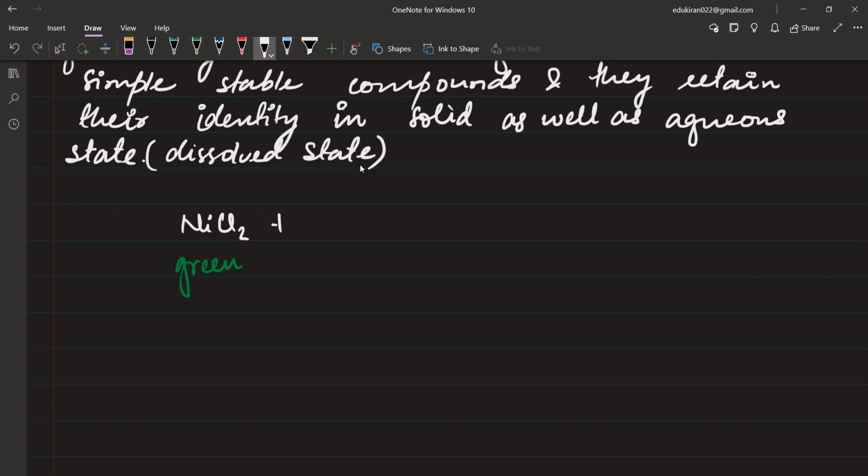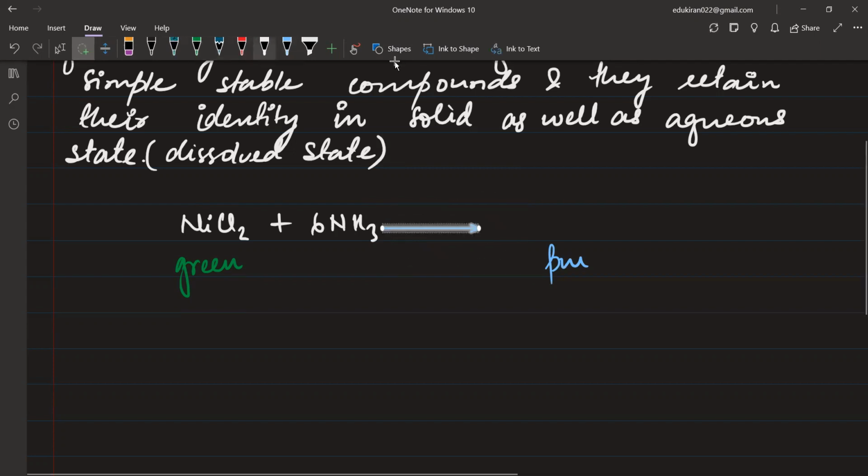Okay, and if I add here ammonia, then we got a compound which was purple in color. Okay, this was purple in color.